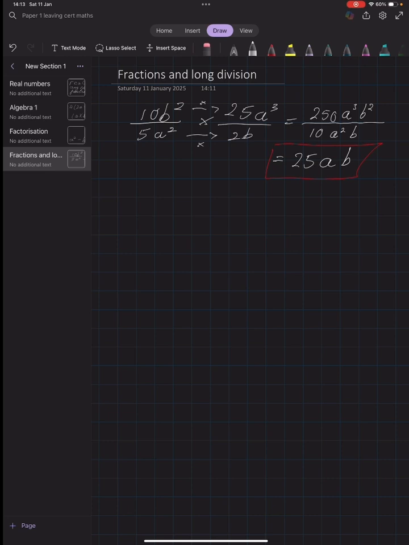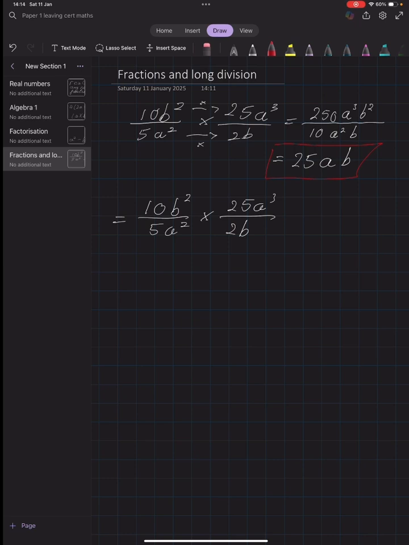Now, another way of doing it, which is my personal favorite, and obviously I don't know yet because I haven't made future videos, but when stuff like this comes up in other topics, I will use this method instead. So what you do is you say, okay, what's common to these?